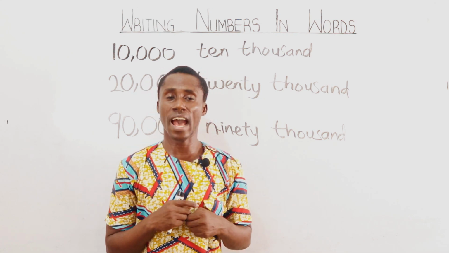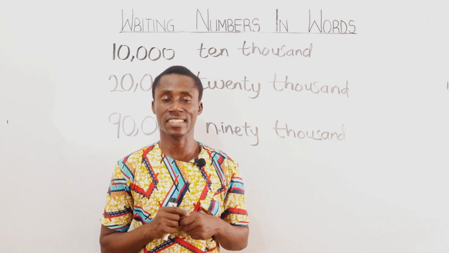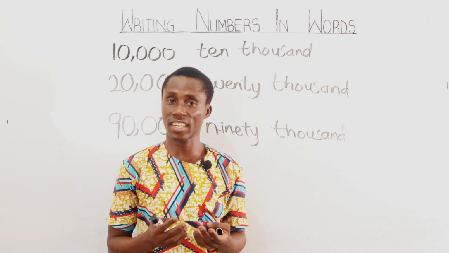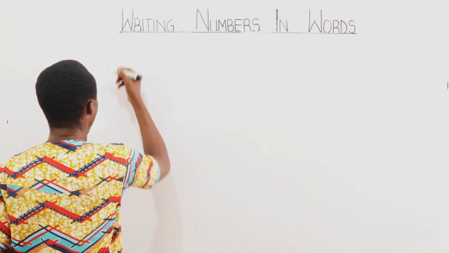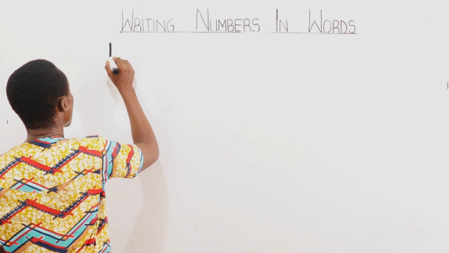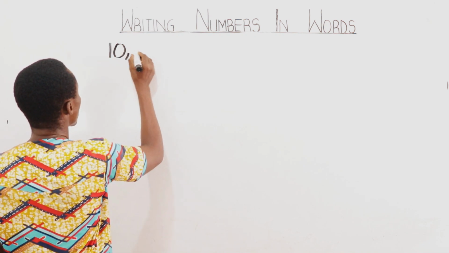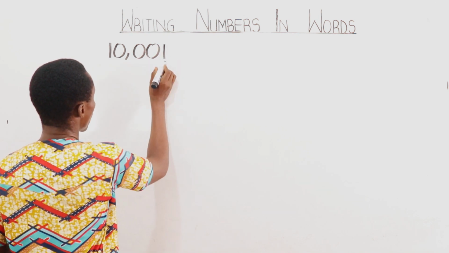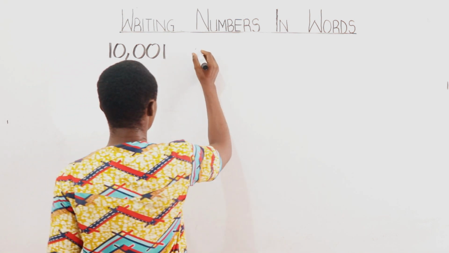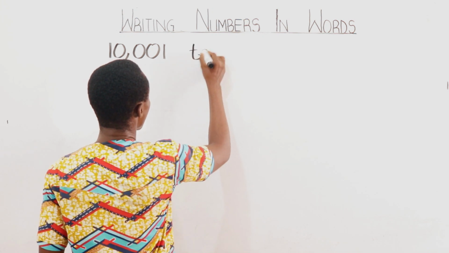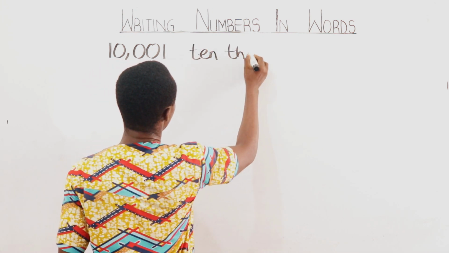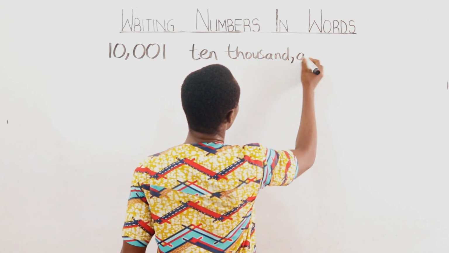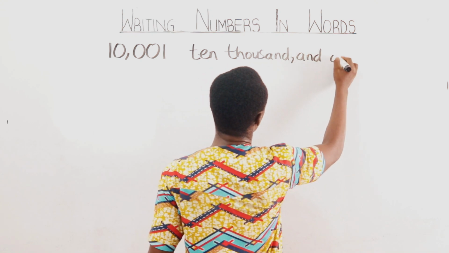And then we will add the hundreds, and then we will add the thousands. Okay, so if we add 1 to 10,000, we are going to have 10,000 and 1.